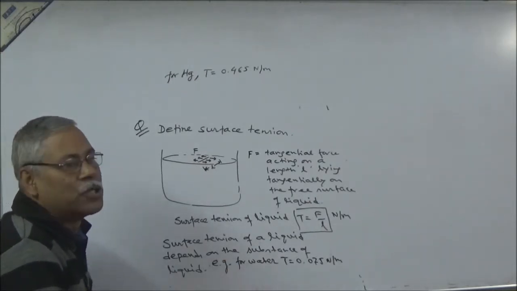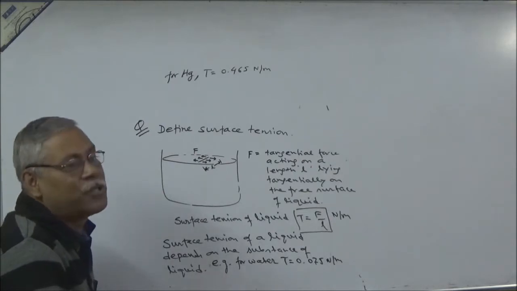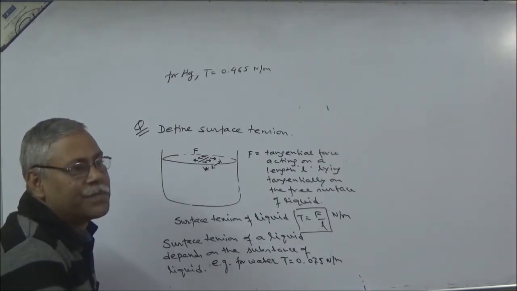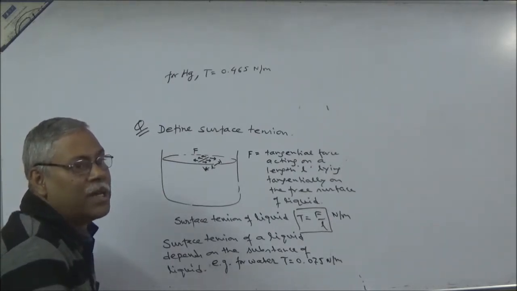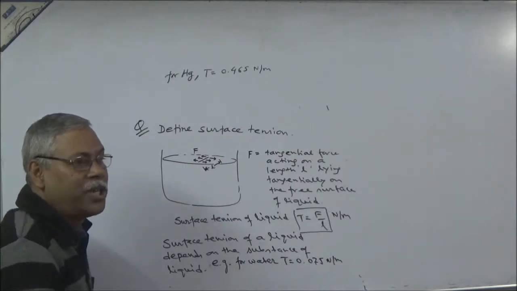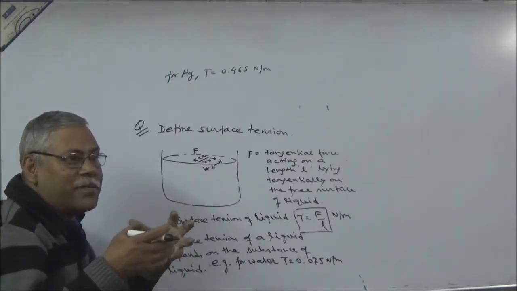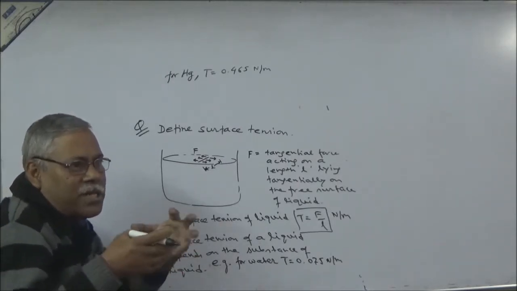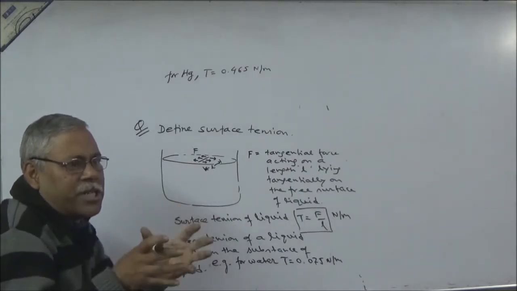the cohesive force of water and the cohesive force of mercury? Which material has a greater cohesive force? Mercury. Remember, surface tension is actually the effect of cohesive force. When there is tremendous cohesive force, surface tension is large.